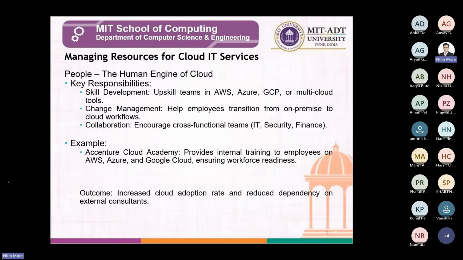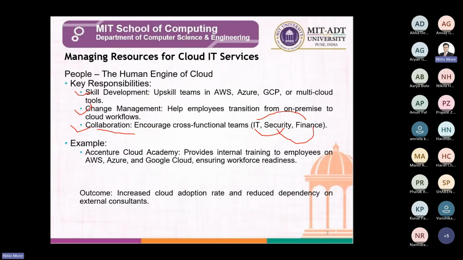Change management, so helping employees transition from on-premise to cloud workflows. This we have also discussed. We discussed collaboration, so encouraging cross-functional teams. Maybe IT will cross function with security, security will cross function with finance, and finance with IT. Such kind of collaboration we require for training this human engine.